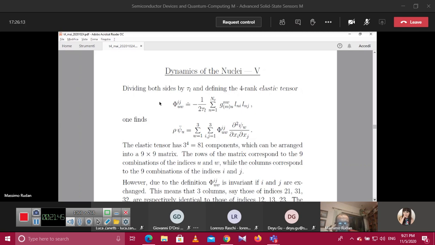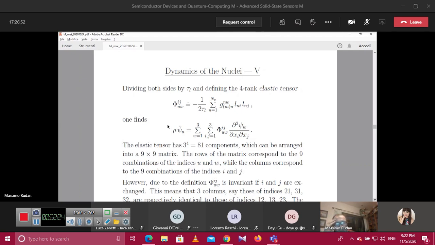So the more compact expression of the relation of the dynamics is here: the density of the material times the second derivative with respect to time of the displacement, not anymore of a cell. This is the displacement at some position R inside the material, because we have switched from a discrete to a continuous description of the material.